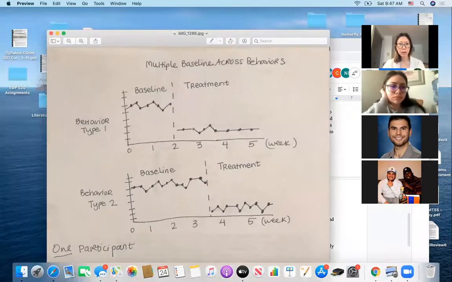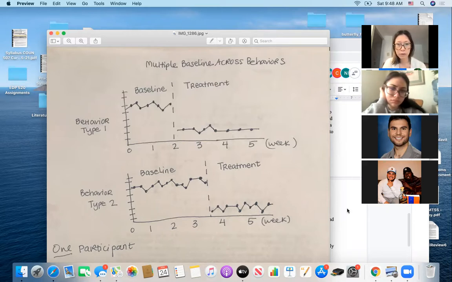It's kind of going off the example in the book, but this is the first behavior, the top one, and then the second behavior. And the baseline is here. And after the treatment for both behaviors, there was a dramatic change. And so that's the graph.